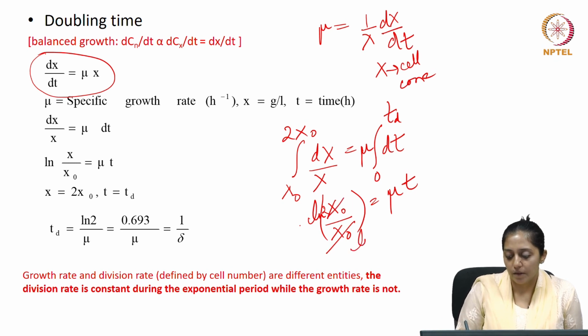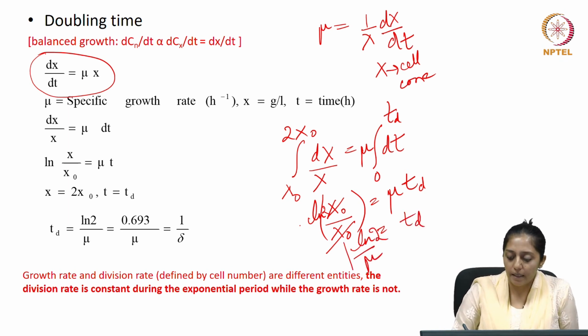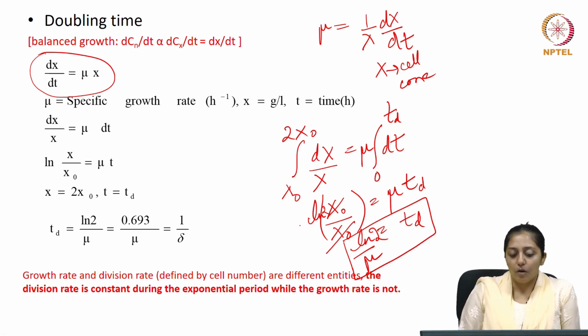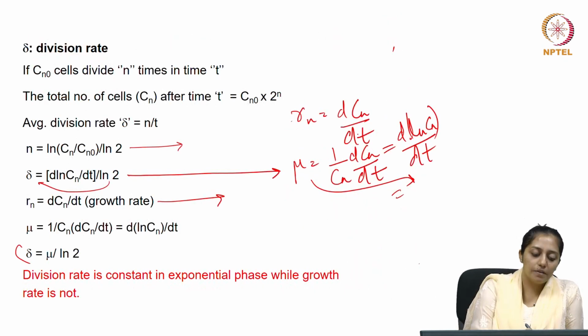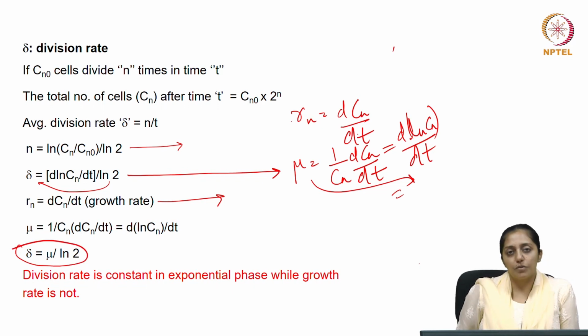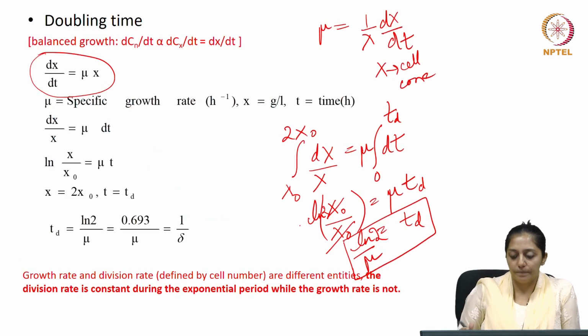So, then your doubling time becomes equal to ln 2 by mu. Now, we know how the division rate is related to the specific growth rate. Division rate from here is equal to mu by ln 2.